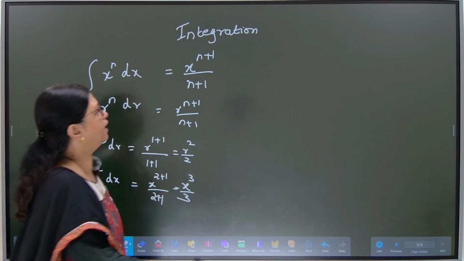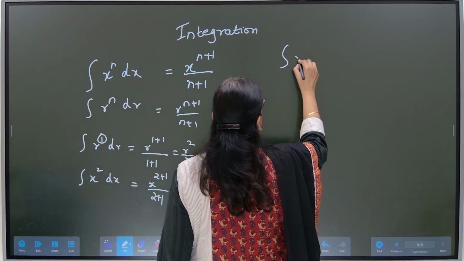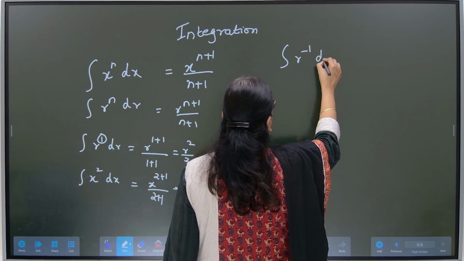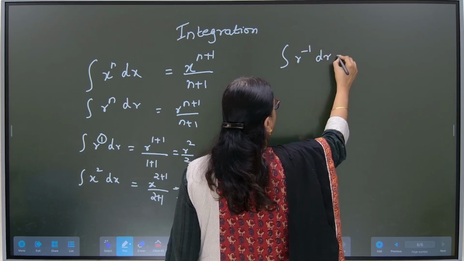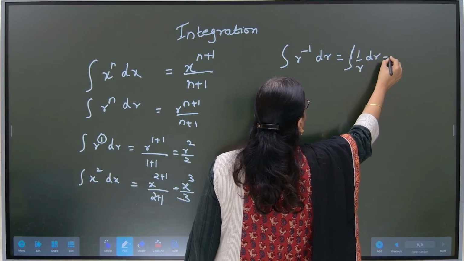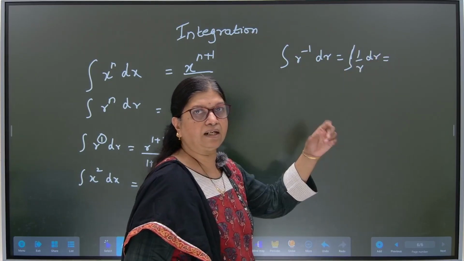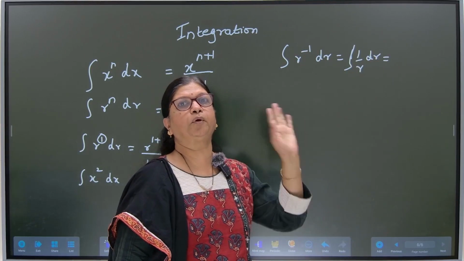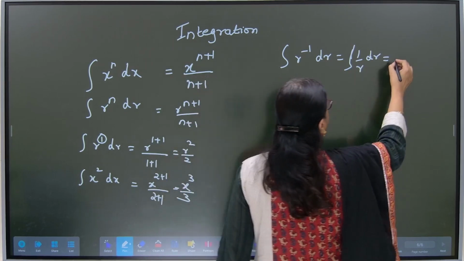Suppose the power is negative: integration of r raised to minus 1 dr. You can also write it as integration of 1 upon r dr. Both are the same, whether I write r raised to minus 1 or 1 upon r. What should I remember?